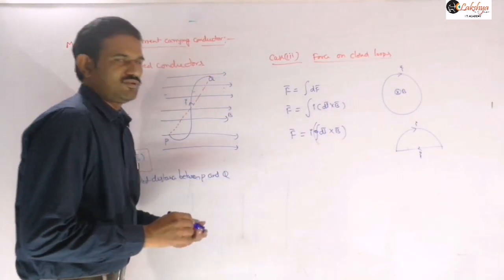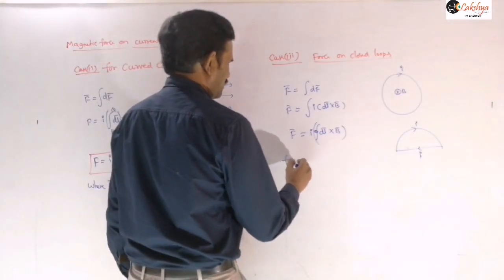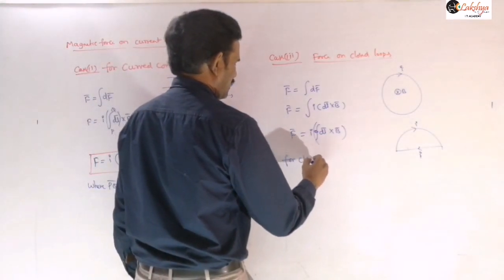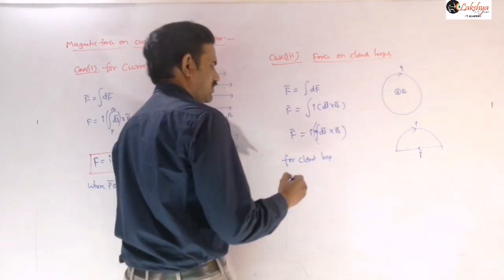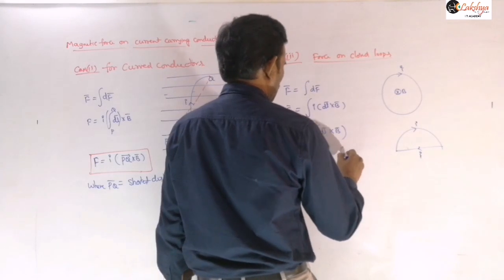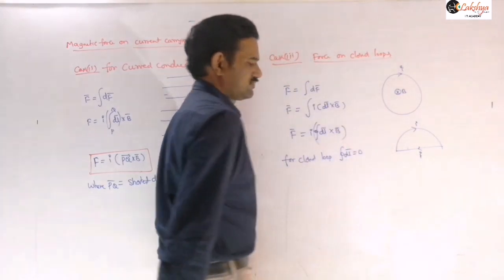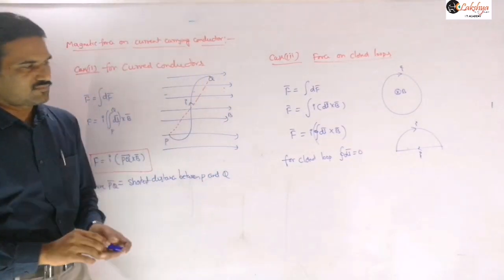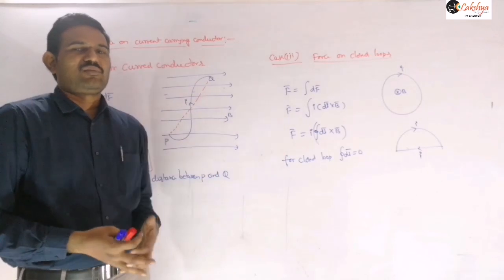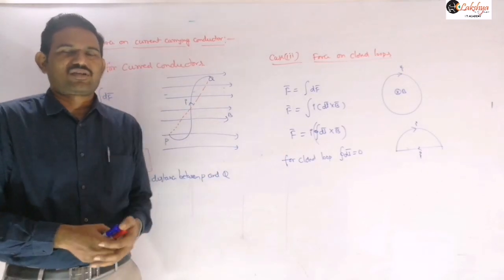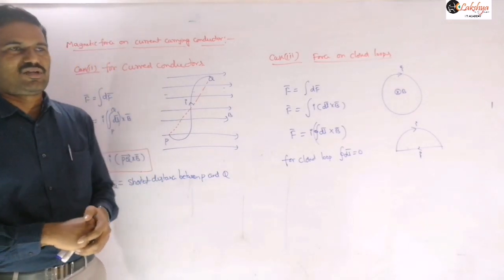So for a closed loop, the integral of dl bar value will be equal to 0, right? As I said, integral of dl bar is nothing but the vector addition of the small elements, which is similar to that of the polygon law.